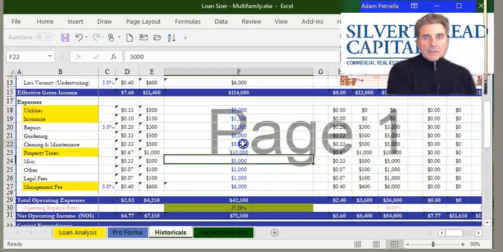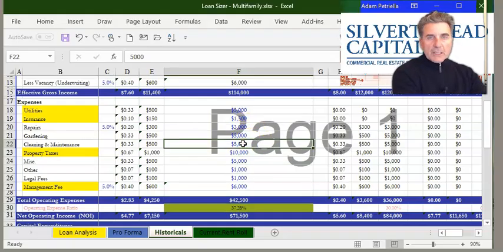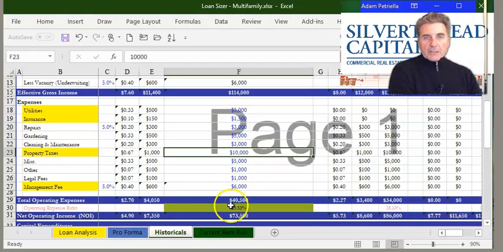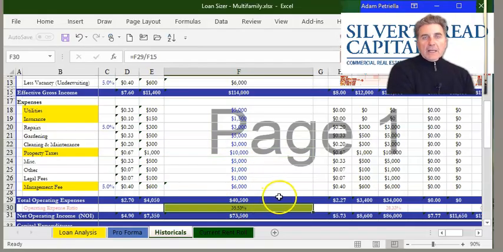So let's bring down cleaning and maintenance, and you'll see how the percentage changes to, let's say, 3,000, and the percentage goes down to 35%. I've seen in the many apartment buildings that we've done, generally banks are underwriting 5% vacancy and anywhere from 30 to 35% maintenance. And it just always seems to come out that way.